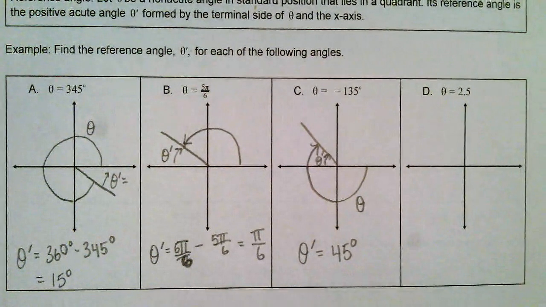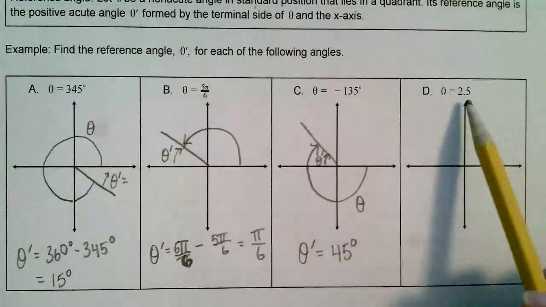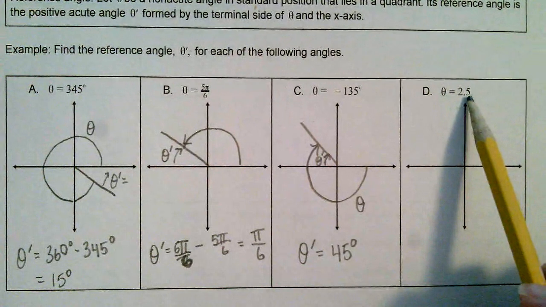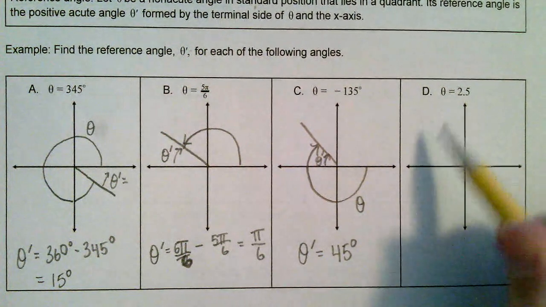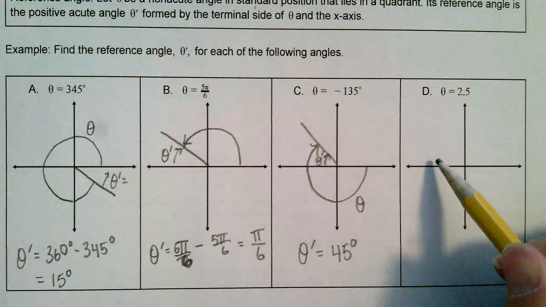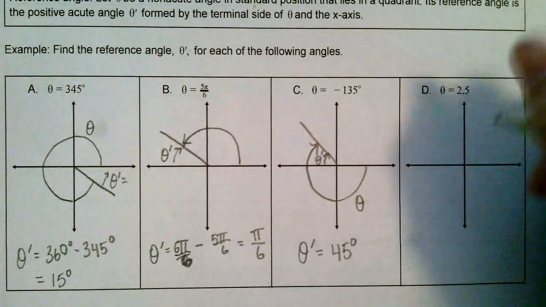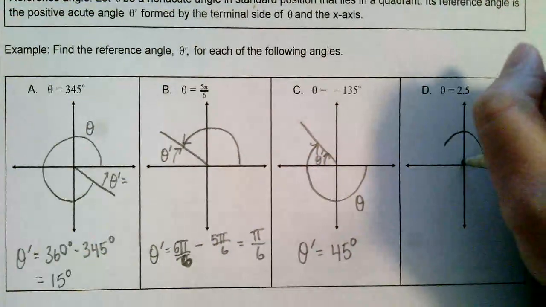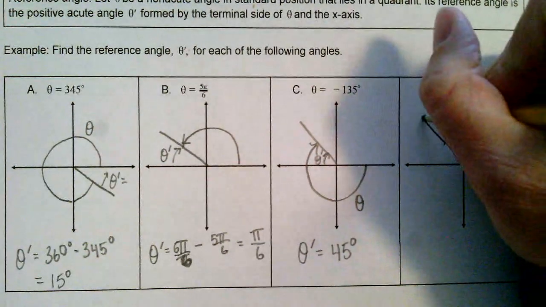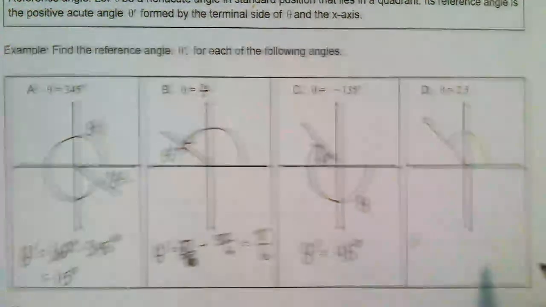In our last one, this sometimes confuses people because there's no degree symbol and there's no pi. But remember, if there's no degree symbol, we are still thinking that this is in terms of radians. So I know that pi radians is about 3.14, so 2.5 is probably somewhere around here in my second quadrant.